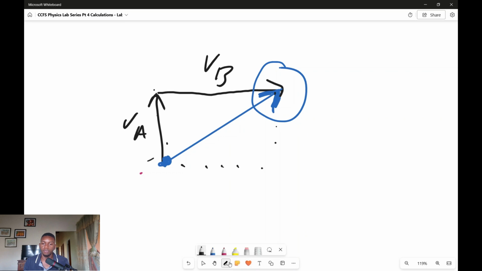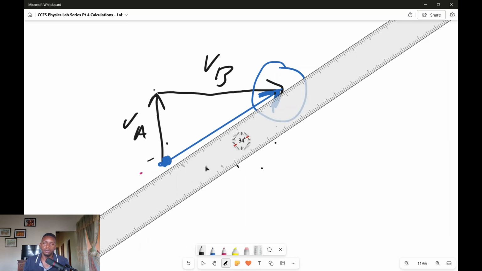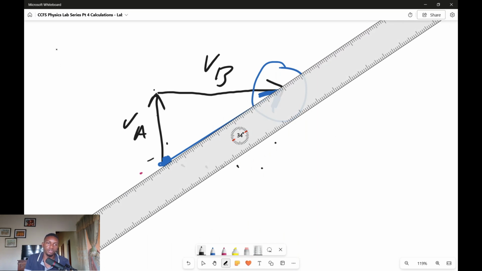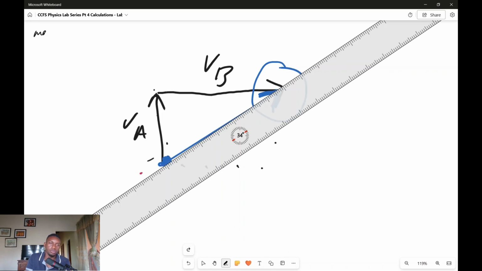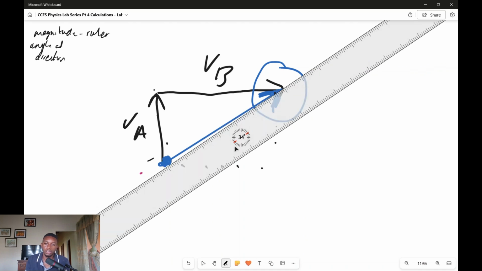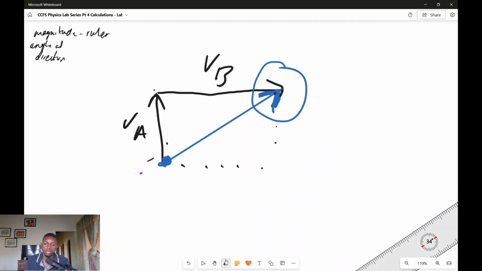So once again, to find the magnitude, you're going to use your ruler, and to find the angle of direction, you need to get a protractor.